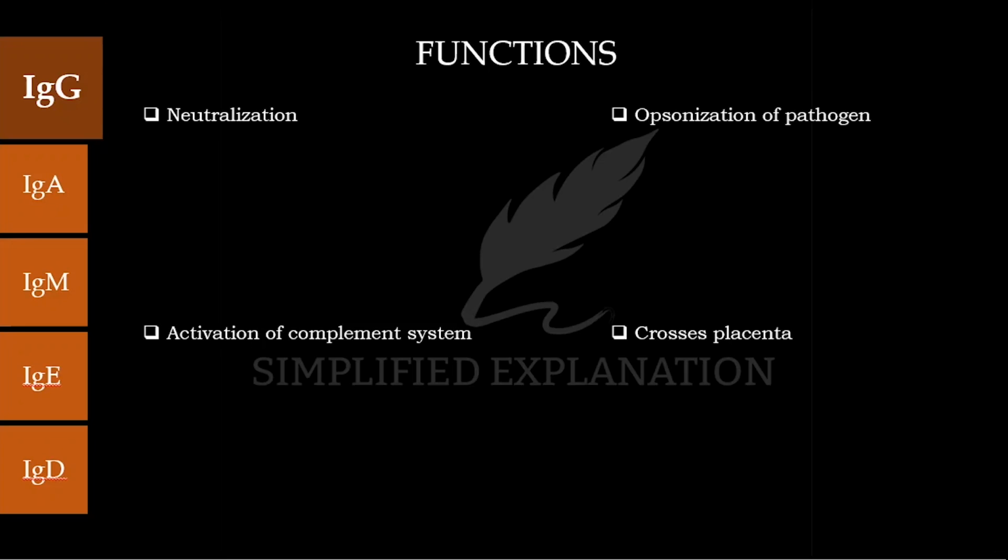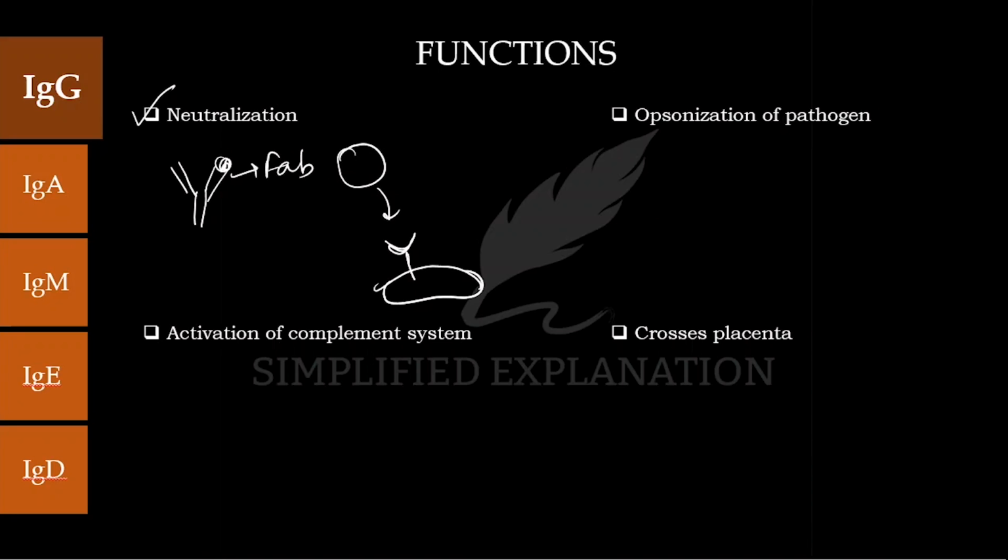Now coming to the functions of this IgG type of antibody. The first function, as I have told you, is neutralization. So this antibody will be binding with any kind of viruses or toxin. It will bind with the Fab region to the pathogen surface protein, so that these viruses cannot interact with the host cell and further cannot enter into the cell.